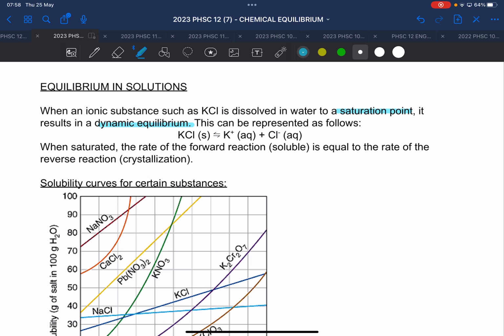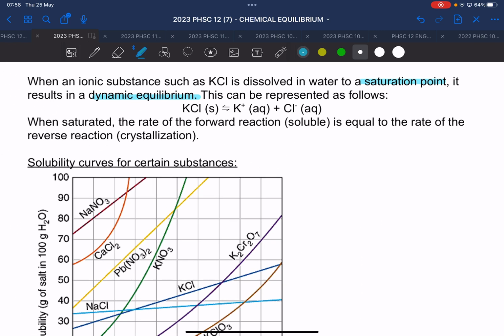And there you can see it represented, where you have potassium chloride, the salt, and then the forward and reverse reaction, you get the potassium ion aqueous. What does aqueous mean again? Dissolved in water, surrounded by water, and your chloride ion. When saturated, the rate of the forward reaction, where it dissolves, is equal to the rate of the reverse reaction when it forms crystals again. Okay, so if this dissolves, then it forms crystal. Dissolve, form crystals. Okay, right.